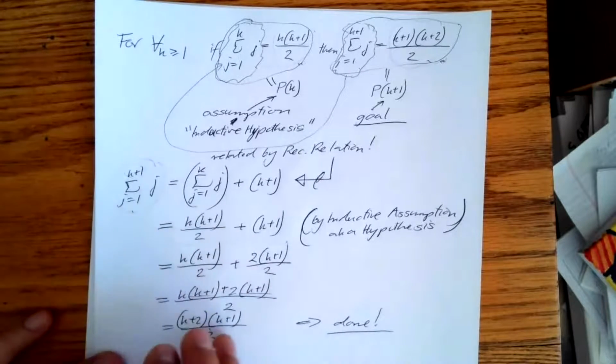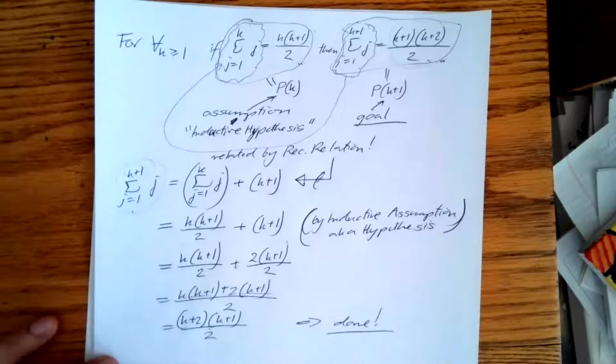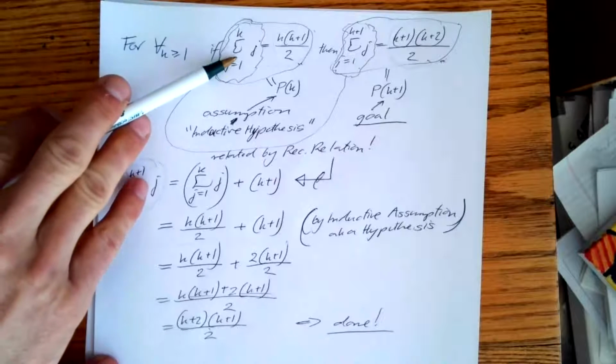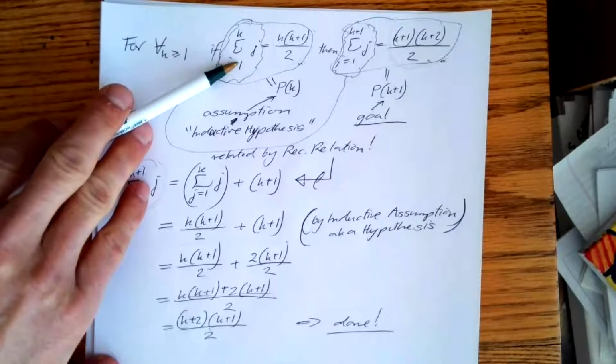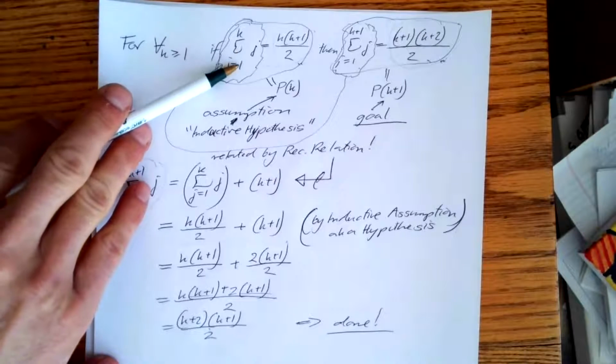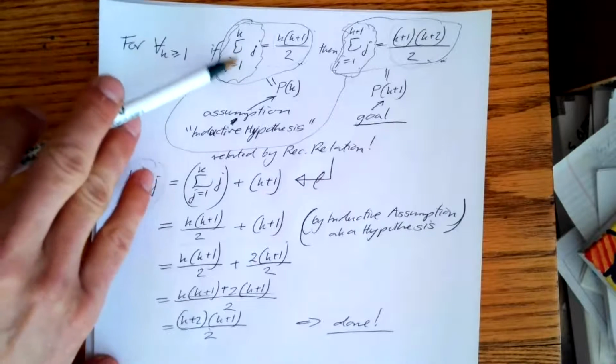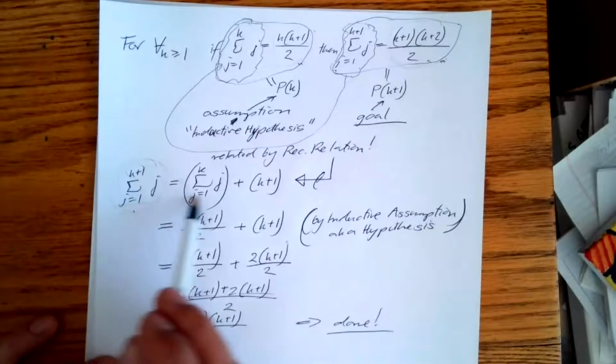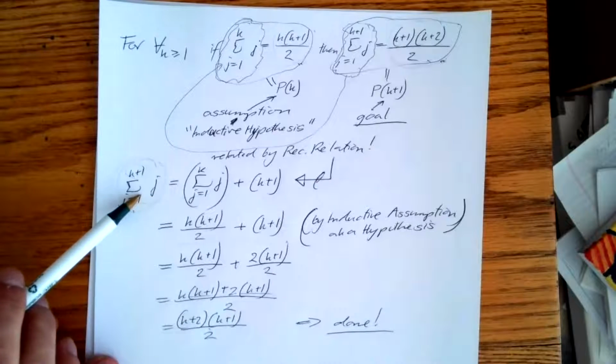Now, many of the proofs in the book will have this form because there is some recursively defined object. It's a summation. Why is it recursively defined? Implicitly it is, because this is the recursive definition of what a sum is.